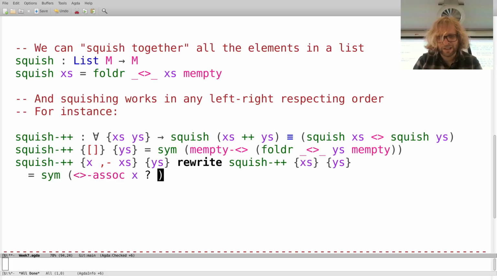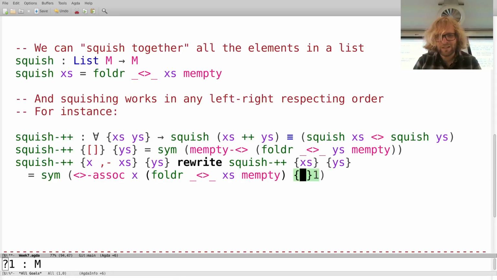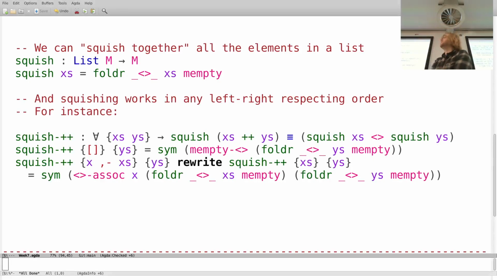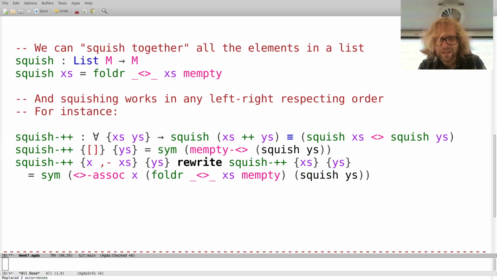If I'm bothered by it, I could go back and solve for these, just for documentation, to see what it is. Which you could turn into squish xs. Yes. So this is actually squish ys. Yeah, much nicer.